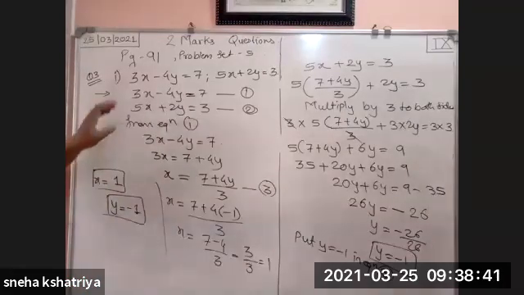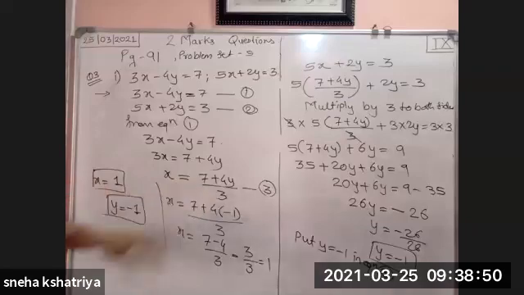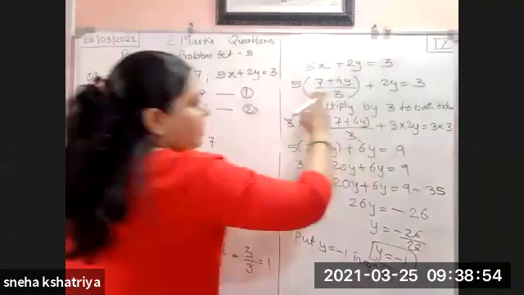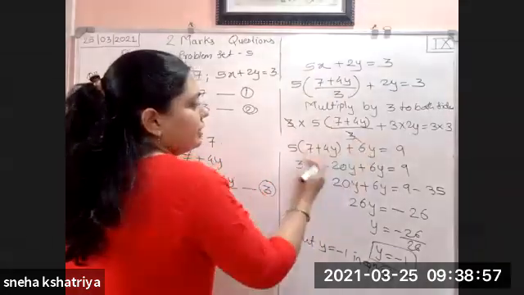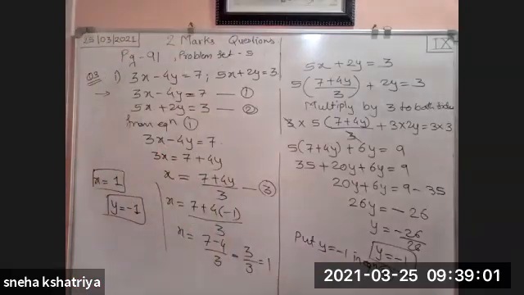So neither x nor y was single. So if we are going to find the value of x, then this 3 will come at the denominator and it should be cancelled from here. When it is cancelled, we get a simple equation, and that simple equation we can solve. Okay. So one more example we will see.